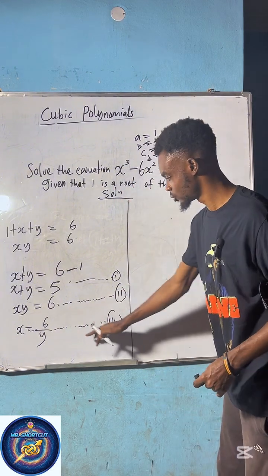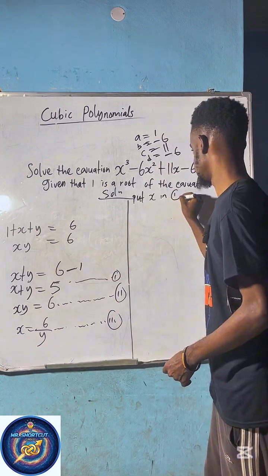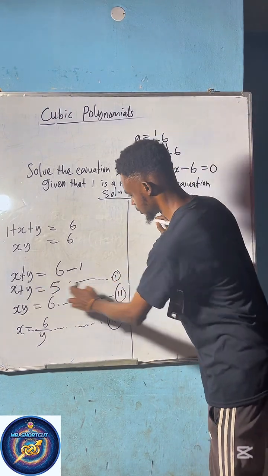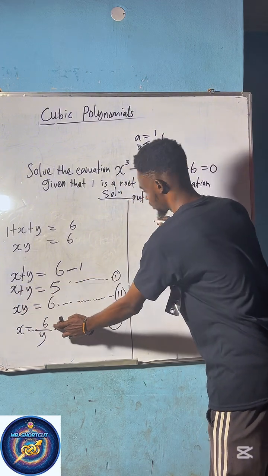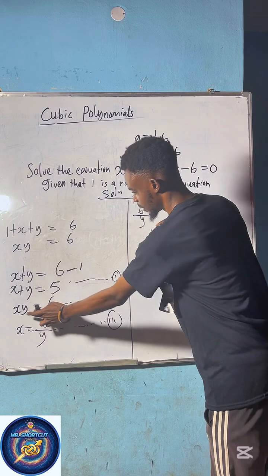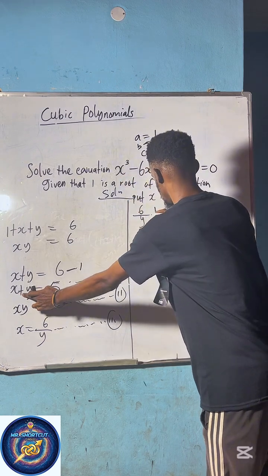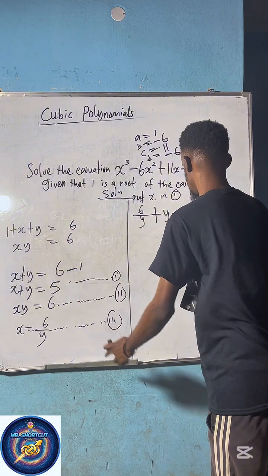We put the value of x into equation 1, x plus y. The value of x now is 6 over y, so we have 6 over y plus y is equal to 5.